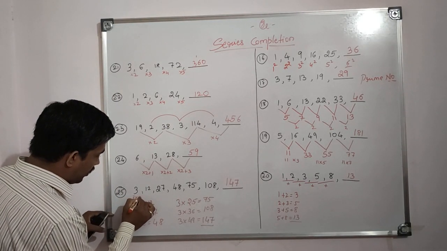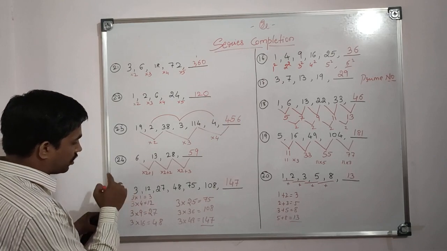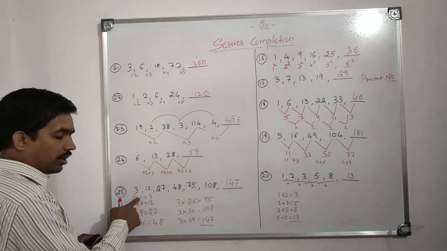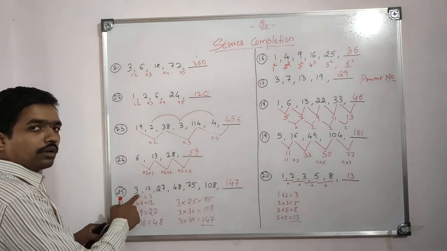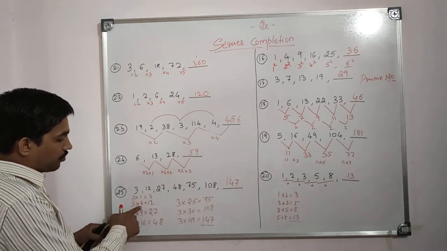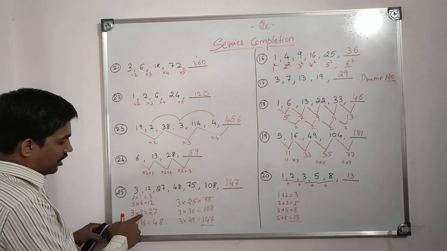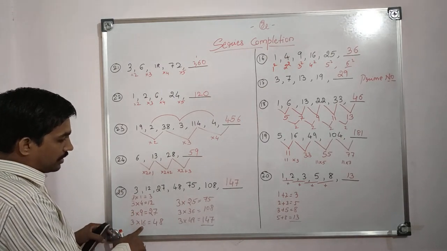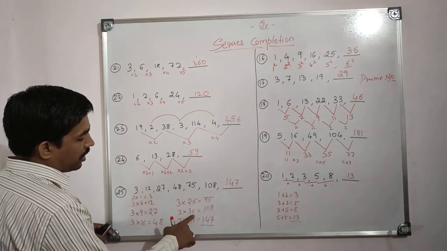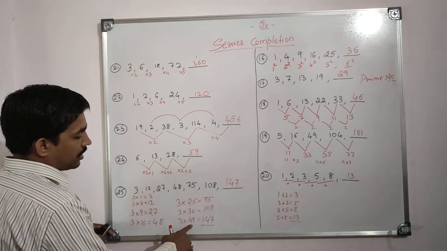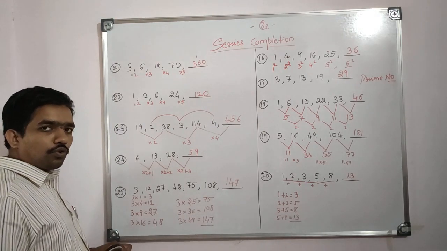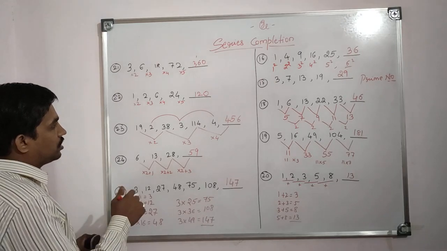Here 3 into 1 equals 3, the first term. 1 is a square number. 1 square is 1, 2 square is 4, 3 square is 9, 4 square is 16, 5 square is 25, 6 square is 36, and 7 square is 49.